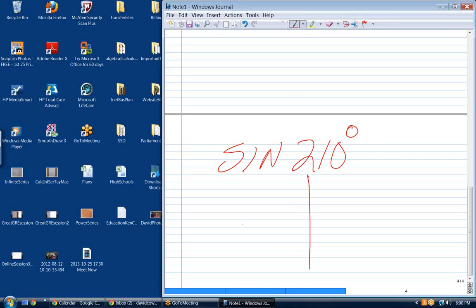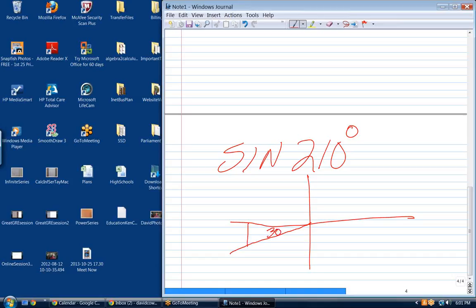In other words, if I look at 210, what quadrant is that in? So I got 180, 180 plus 90. That'd be in the third quadrant. And what's the reference angle? So you do 210 minus 180, correct? Uh-huh. So then 30 degrees.